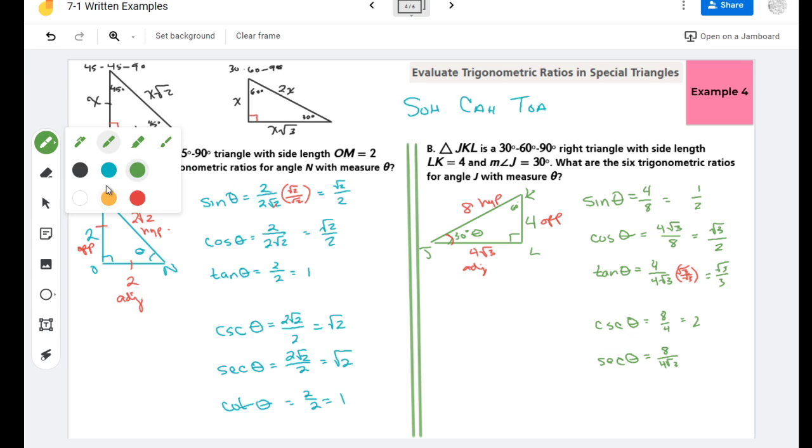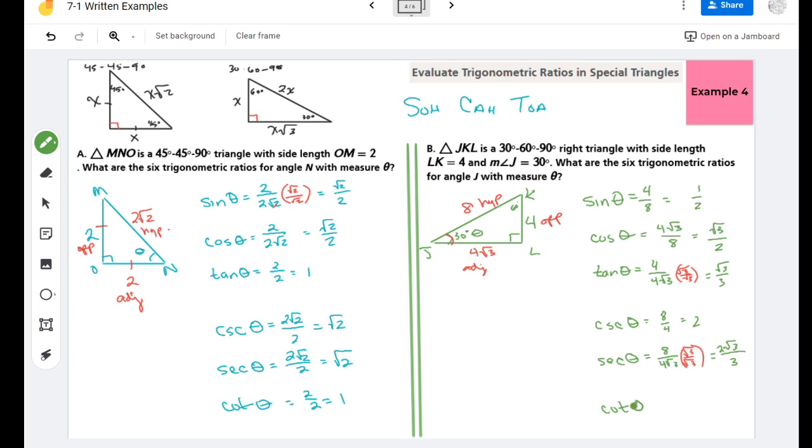And so we have to rationalize that one, which is like, okay. So I'm multiplying by the number 1 in a way that'll cancel out that radical. So the 8 and the 4 reduce to being a 2. So I have 2 root 3 over root 3 times root 3 is 3.